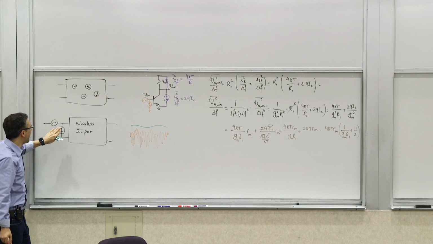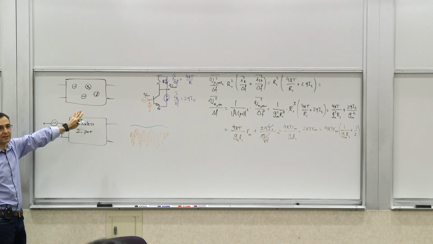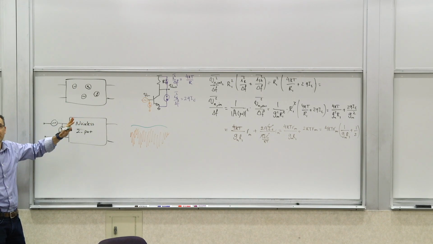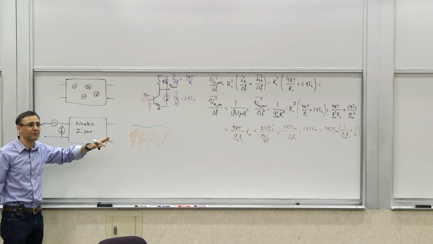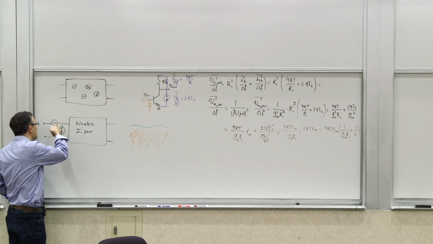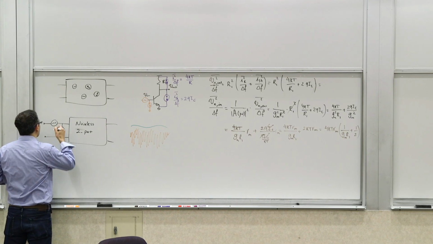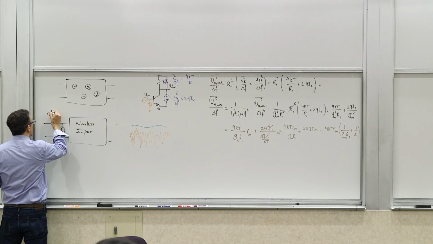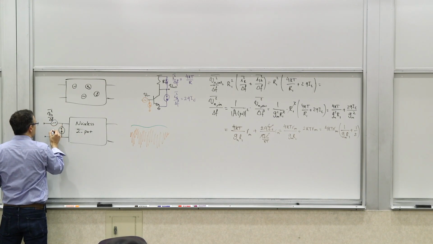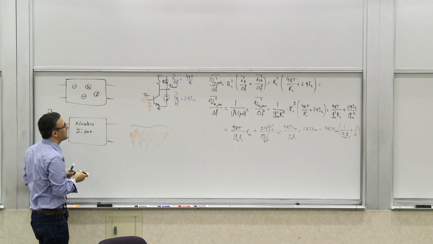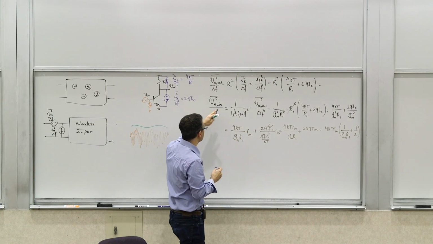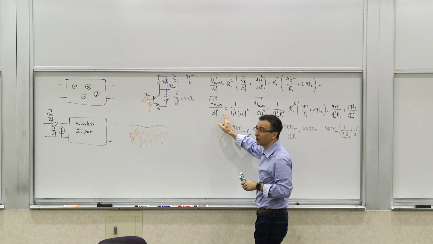So in general, any linear LTI two-port can be modeled with two noise sources, an input-referred voltage source and an input-referred current source. Now, let's calculate what the input-referred current source has to be in this example, because we've calculated the input-referred voltage source.